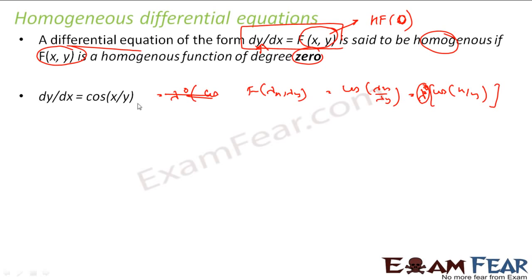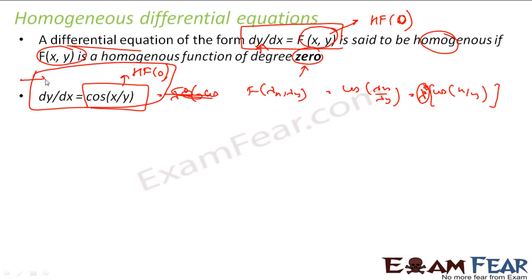So this kind of equation, where the degree is 0, this guy is called a homogeneous function of degree 0, and the whole thing is called a homogeneous differential equation. So please understand the difference.